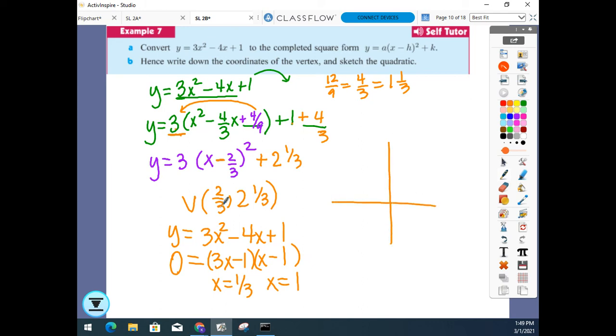All right, so the vertex is 2/3, 2 1/3. So approximately here, my x-intercepts, 1/3 and 1, super skinny, because remember, the bigger that number, the skinnier the graph.